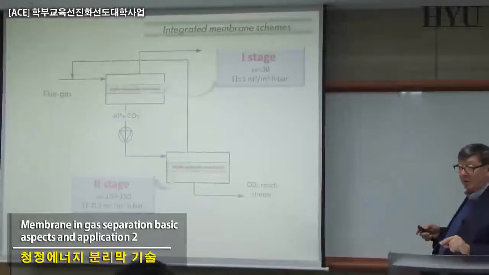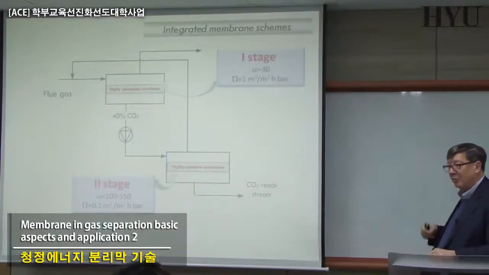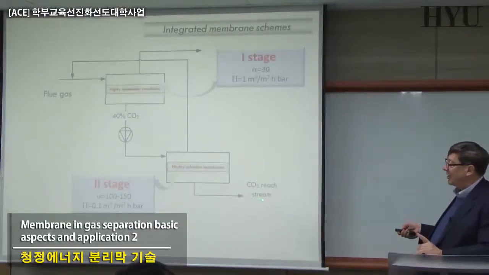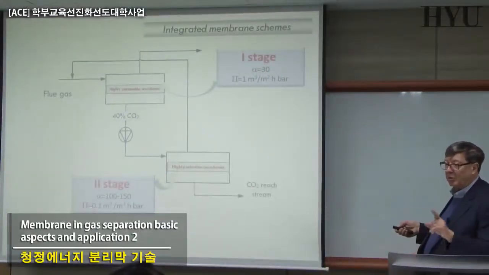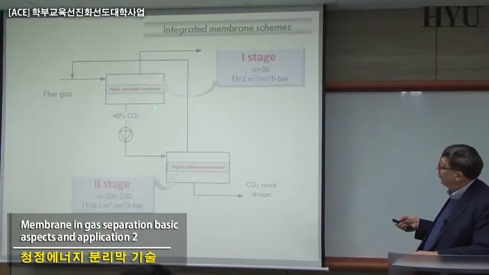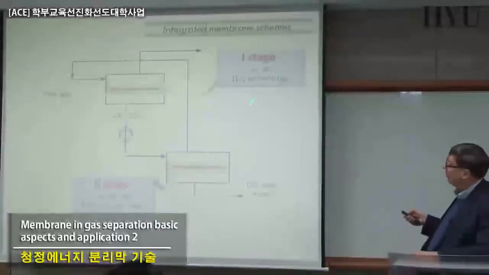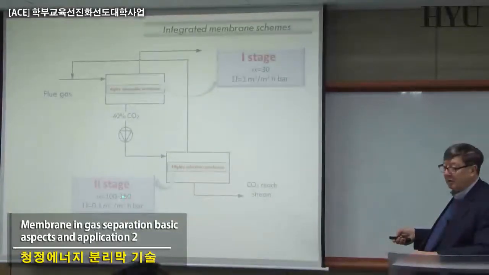Forget about making this in a single step with the membranes we have today. All these abacus, you can try to elaborate and go through them, no way. So if you want to do something as requested today, at least 2 stages are necessary with the existing membranes. You have to work with 2 stages, one with a low selectivity of 30 here, and much higher selectivity in the other.